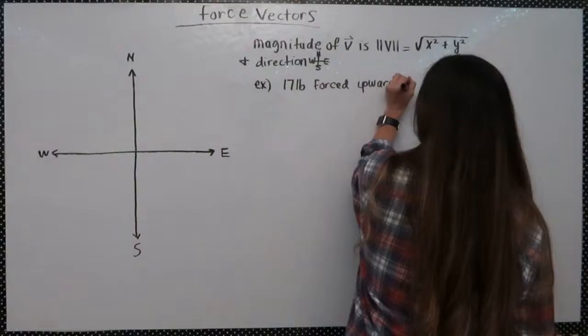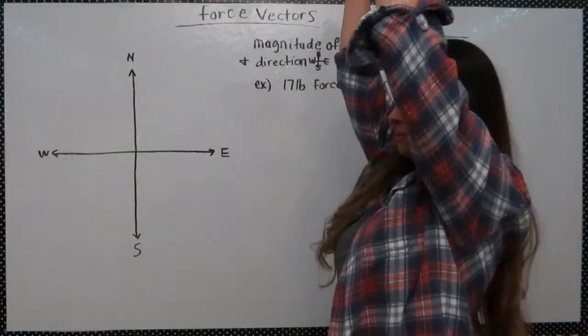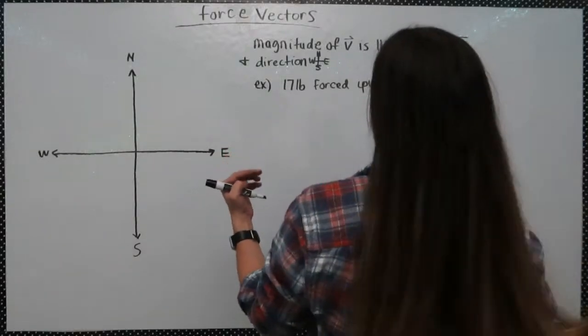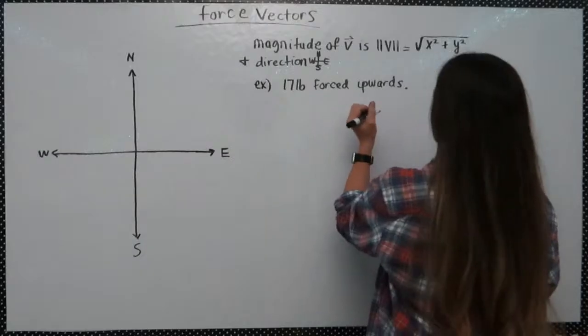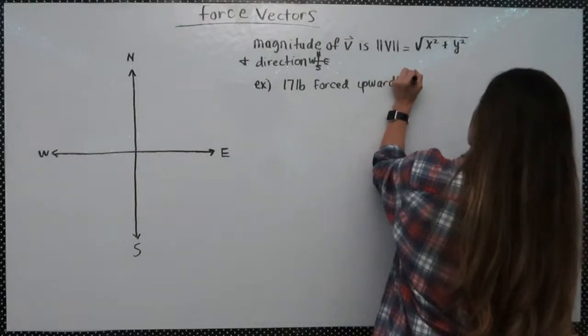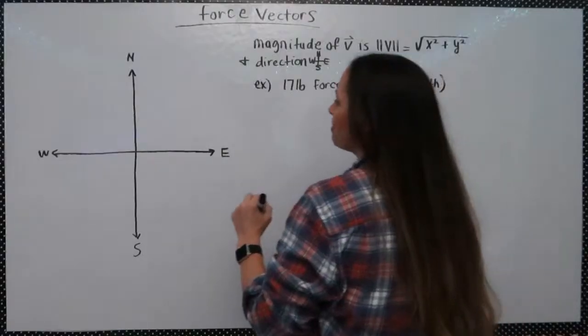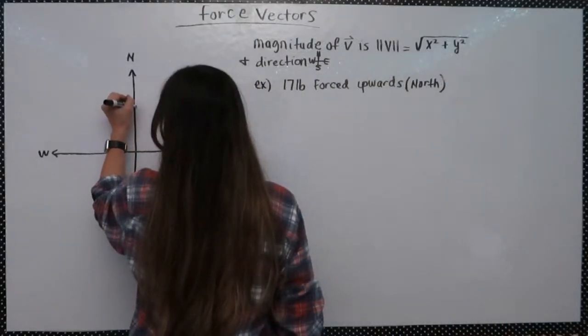So you're taking 17 pounds and you're lifting it straight up. Then this is north. So I'm going to represent that vector, and we'll just say we'll go up 17.